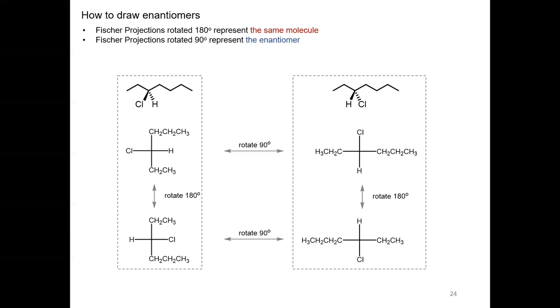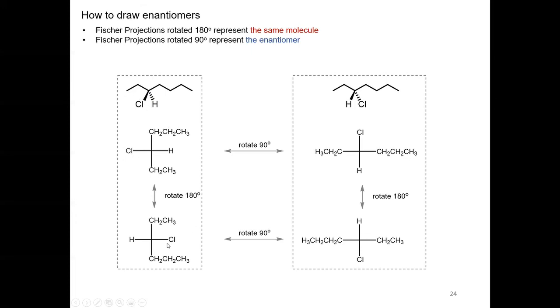Okay, so that is also one of the important concepts of Fischer projections: if you rotate a Fischer projection 180 degrees, the projection resulting from the rotation represents a molecule that is the same as the original one. For this one, the big chain is here, and you look through this direction, above, then below, and then chloride on the left and on the right.